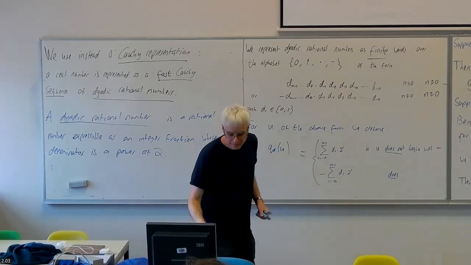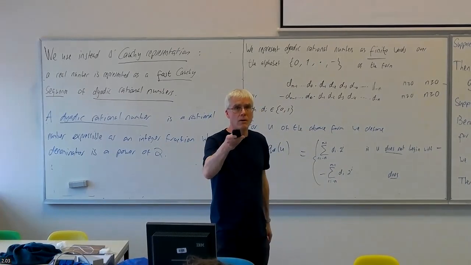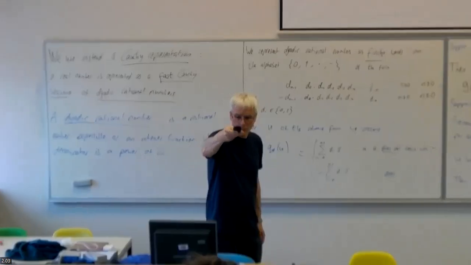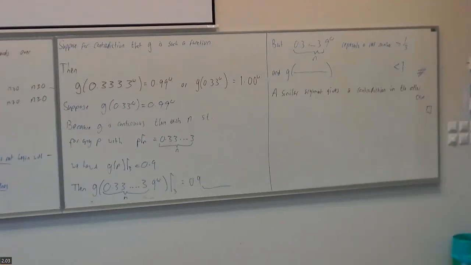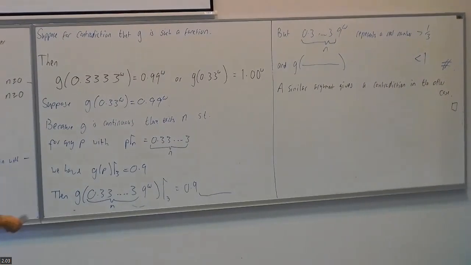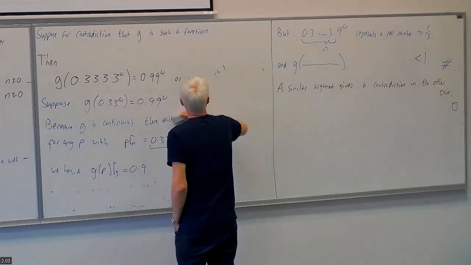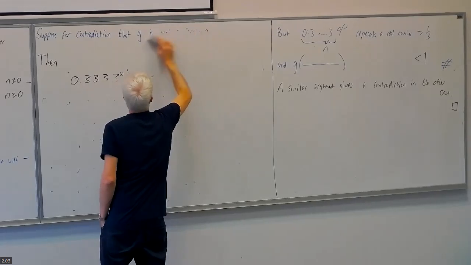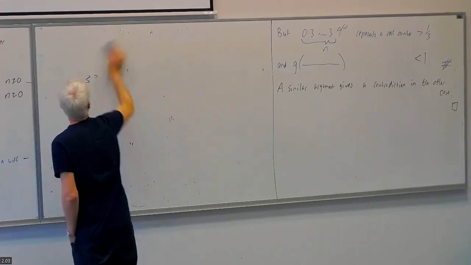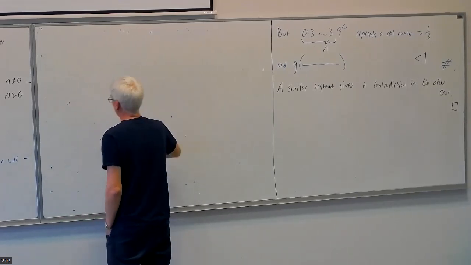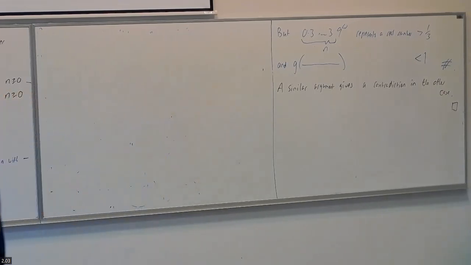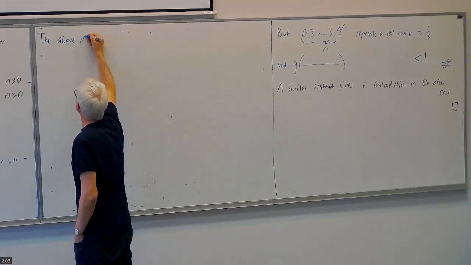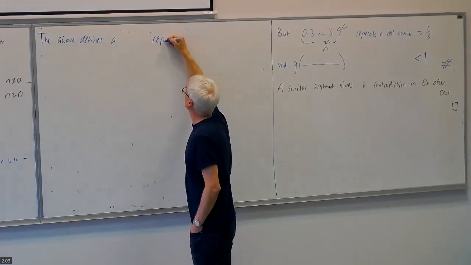And what we've defined in this way, the above defines a representation of dyadic rational numbers.